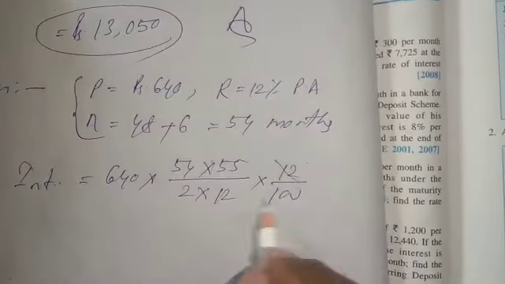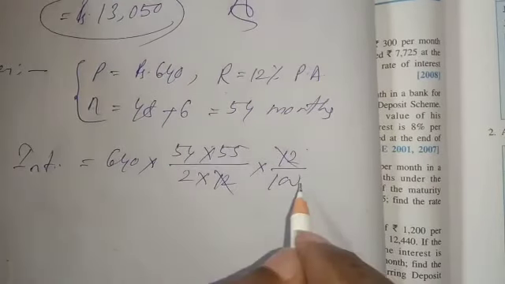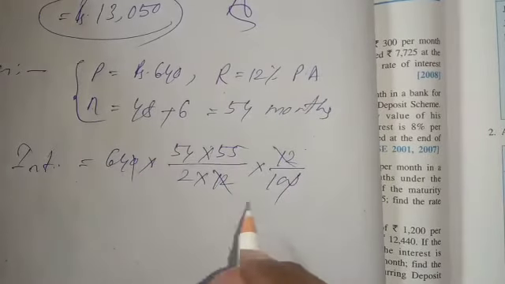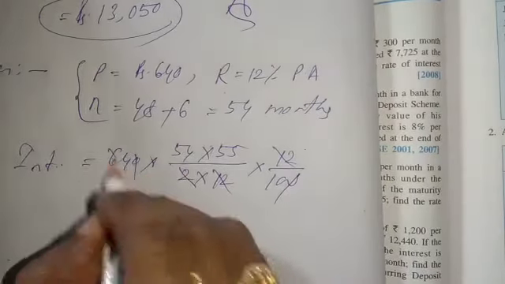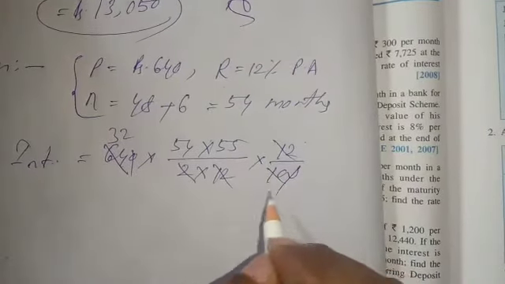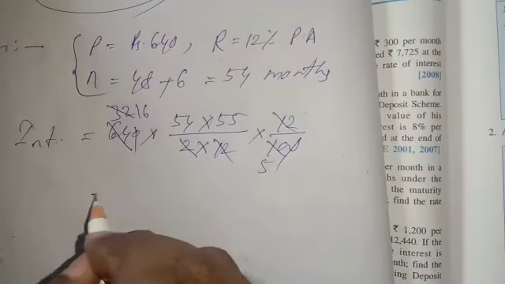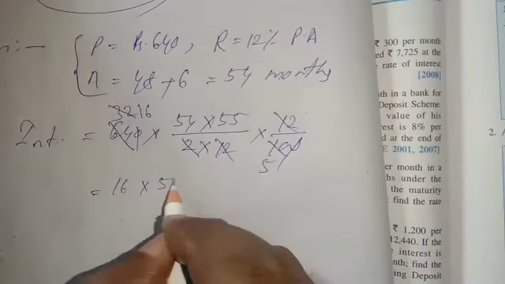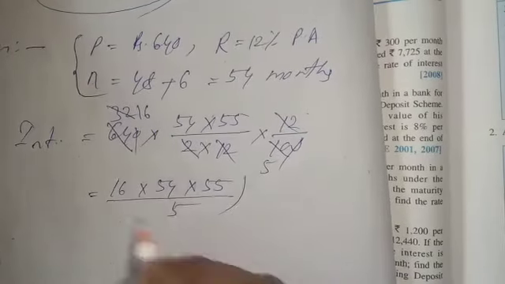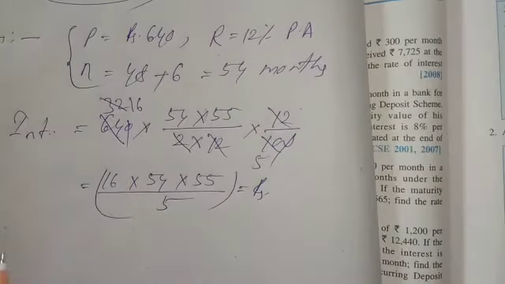Here 12 cancels. Then a zero will be cancelled. Again it will go by 2, 2 fives are 10, 2 sixteens are 32. It becomes 16 into 54 into 55 by 5.